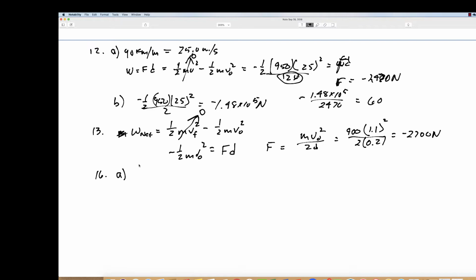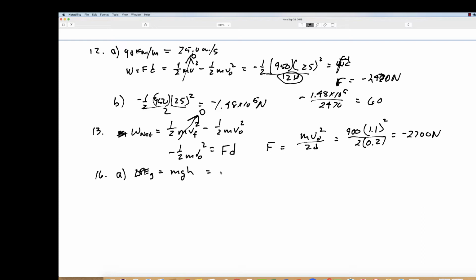Okay, so basically the change in gravitational potential energy is going to equal mgh. That is the mass and gravity, and then the difference in height. The mass and gravity stay the same, so what we're looking for is the change in height.